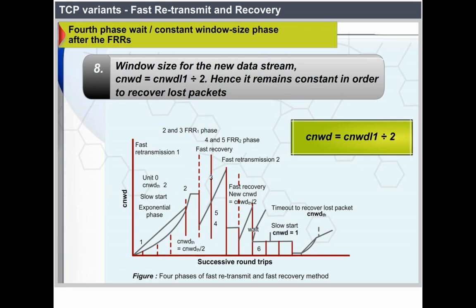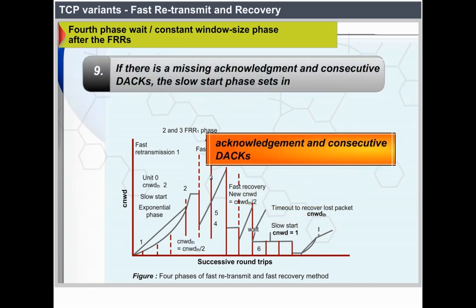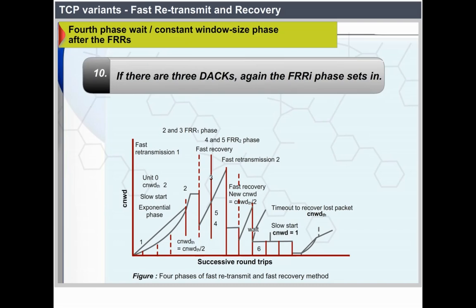It remains constant in order to recover lost packets. If there is a missing acknowledgement and consecutive DACKs, the slow start phase sets in. If there are 3 DACKs, again the FRR1 phase sets in.